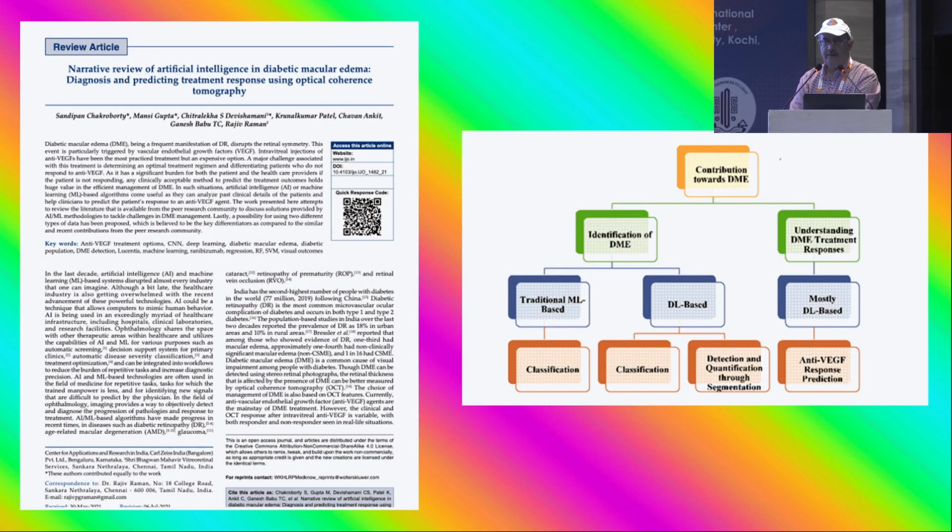So what AI as of now can do in diabetic macular edema can be handled either by human resource, which is manual learning, or through machine learning. Whereas the additional thing which is coming out is predicting the response of the disease.